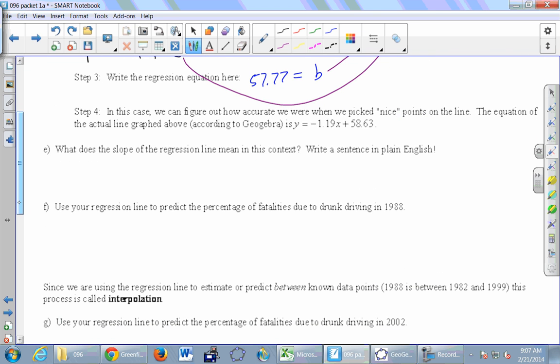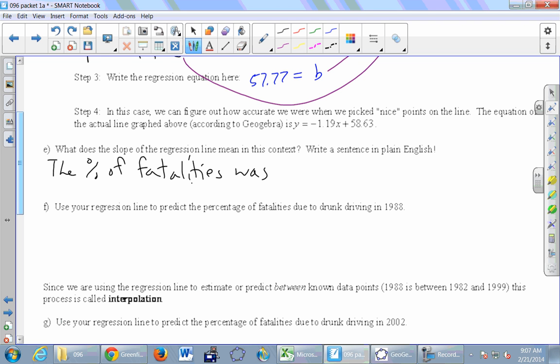Okay, so here's our sentence. The percent of fatalities was, so we could just say changing at a rate of negative 1.11 blah blah, but let's get rid of that negative and write a different word other than changing.